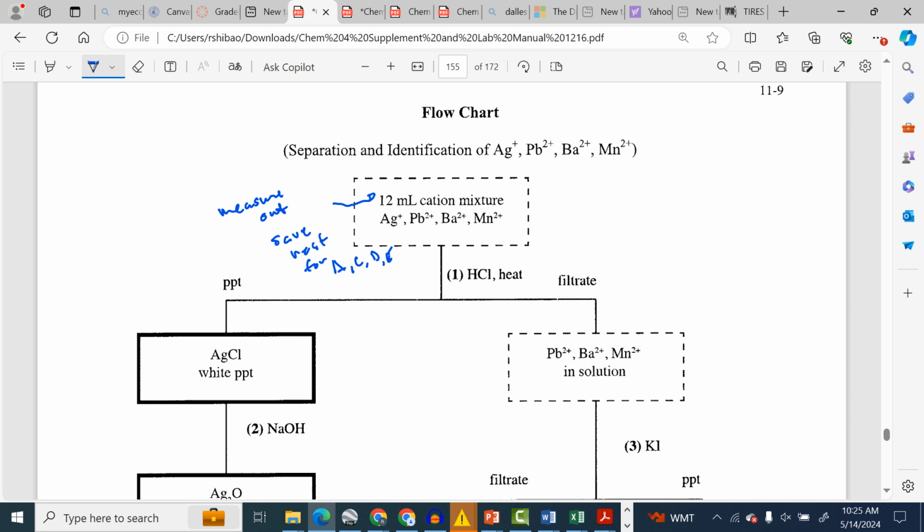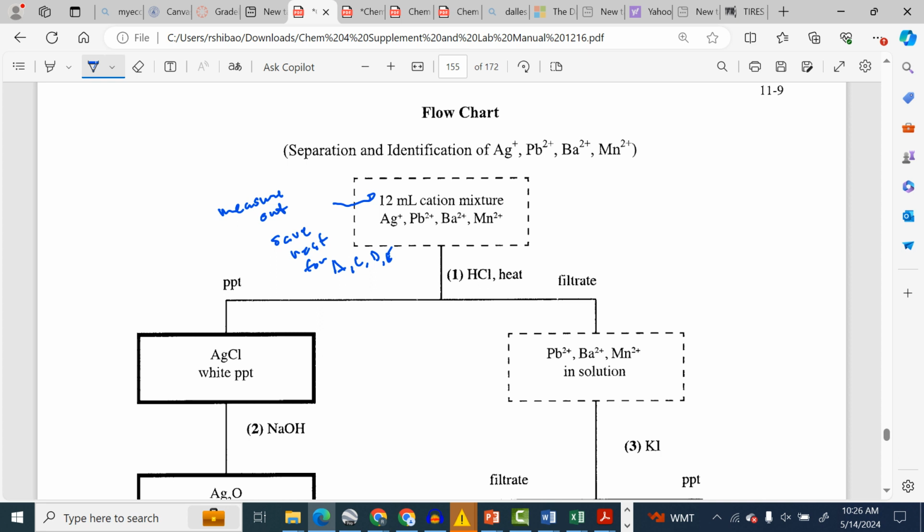On the one hand, we want to use a lot, because the more we use, the more precipitate we get, the easier it is to see things. But on the other hand, the more we use, the bigger the glassware we have to use. So rather than using test tubes, we have to use beakers. What would you rather use, a test tube or a beaker? Test tube's a lot easier, a lot faster to clean. A beaker is a bit more hassle.